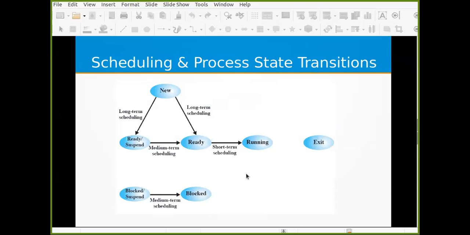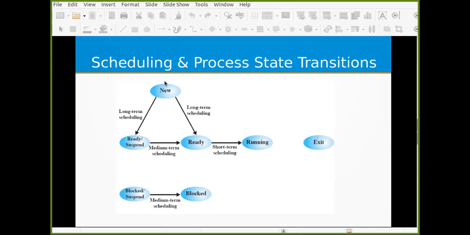Whenever a new process gets created, there are two places where you can put it: either directly in the ready state if there is enough memory, or in the ready suspended state if there is not enough memory. When I say memory, I'm talking about primary memory, RAM. If there is not enough primary memory, you can put it in the ready suspended state, which is in secondary memory. This is the job of the long-term scheduler.